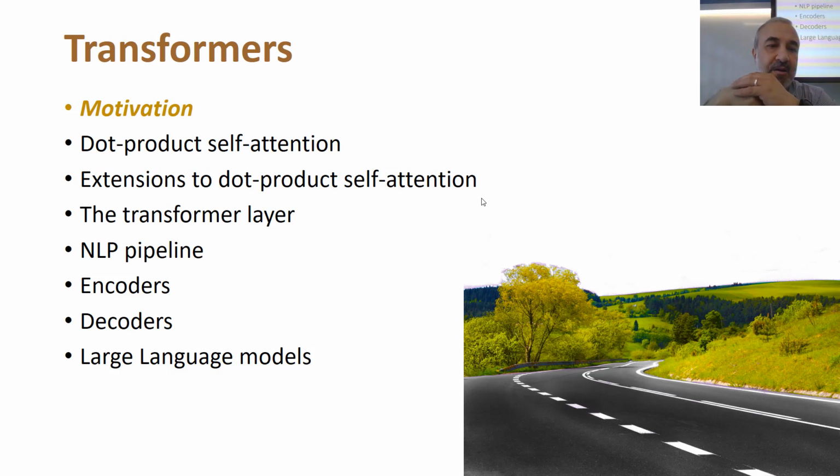We will mention some extensions to it, and then we'll talk about how to put the pieces together into what we call a transformer layer. That's what I hope to cover today, as much as we can. Then next time we'll talk about the NLP pipeline, more architectures that are part of the transformers family, and finally large language models that we see nowadays.